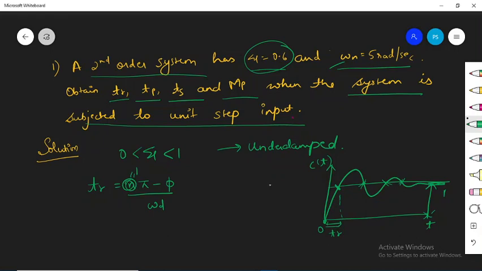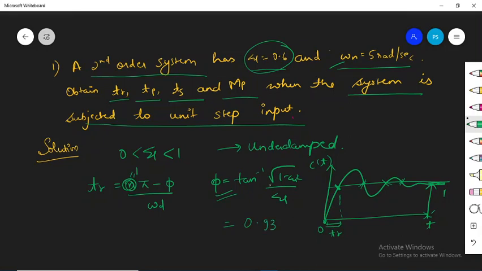The formula for rise time is (pi minus phi) by omega d, where phi is tan inverse of (under root of 1 minus zeta square) divided by zeta. So we require zeta in this equation. The value of zeta is already given in the question, it's 0.6. If I substitute zeta as 0.6, the value is going to come as 0.93.